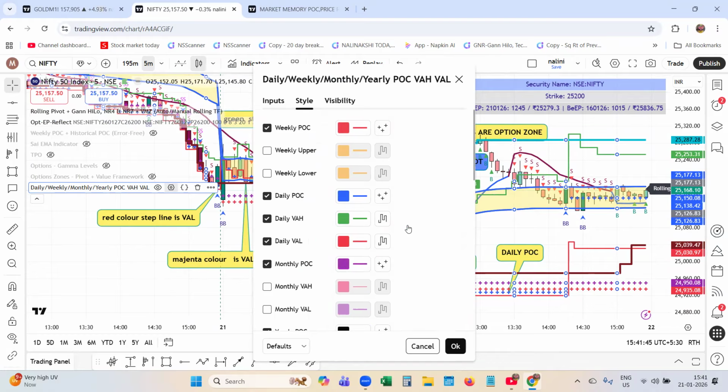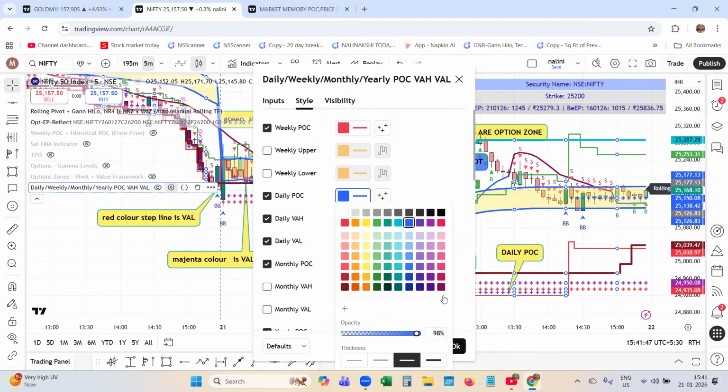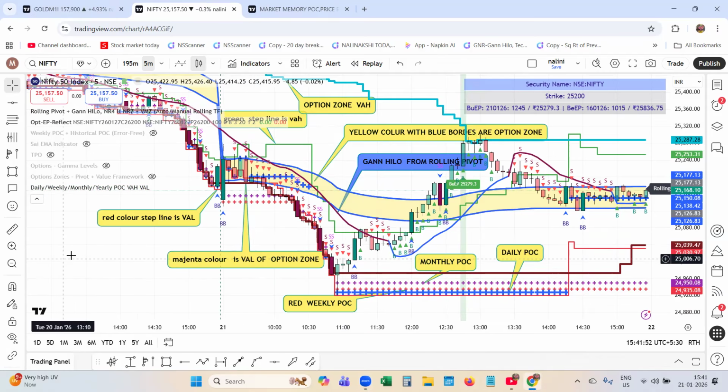The purple color is the monthly POC and this is the weekly POC. They were here and the market opened.